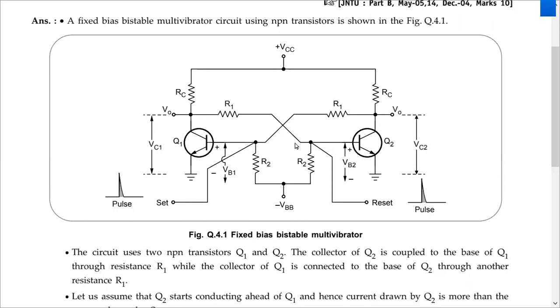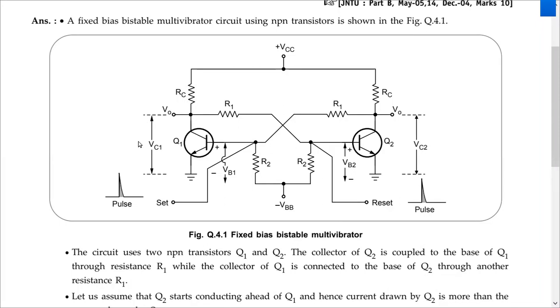So to avoid that, we make use of additional diodes. Again, I am repeating: suppose we connect a load which draws large current. From VCC the current flows like this, and then there is a junction.